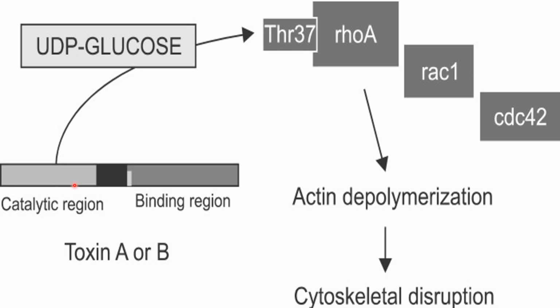In human guts, this part of the toxin adds a UDP-glucose to the threonine 37 region of RhoA proteins, which have roles in actin polymerization. When this UDP-glucose is added to this protein, it becomes inactive, causing actin depolymerization and cytoskeleton disruption.